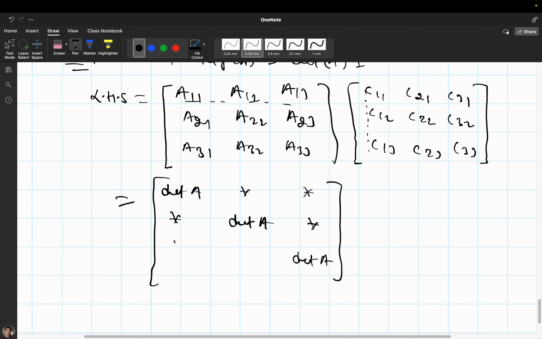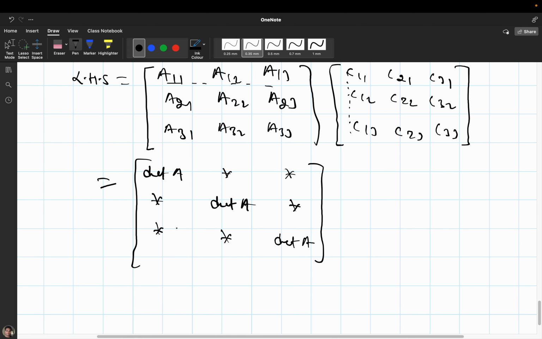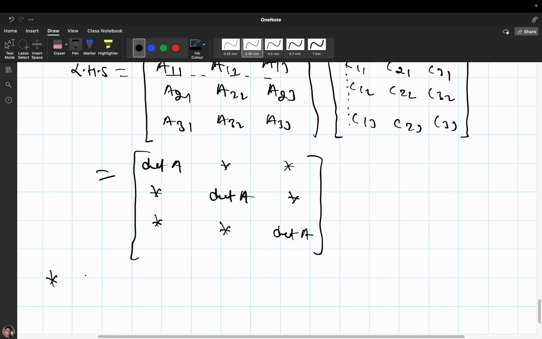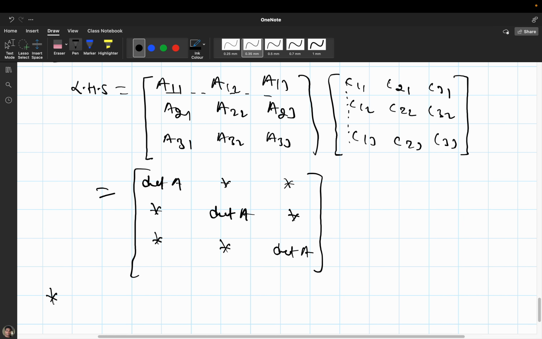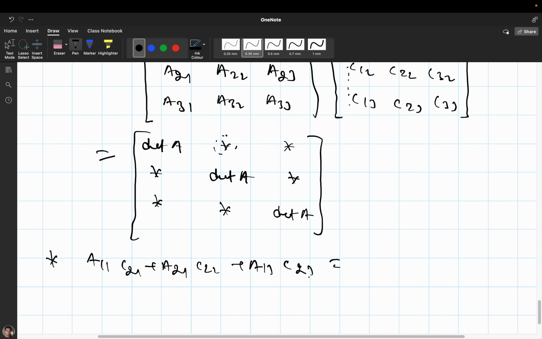Now it is your task. What are the values at this place? Suppose I am talking about this one. That star is nothing but this row multiplied by this column, so that will be A11 C21 plus A12 C22 plus A13 C23, right? And if you check, these values are nothing but 0.